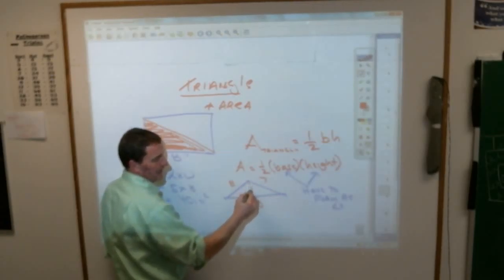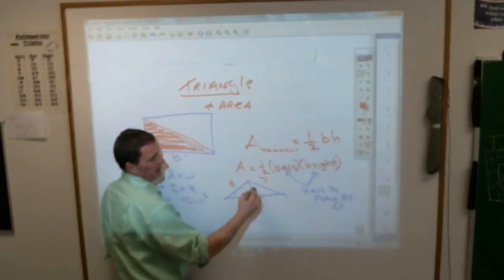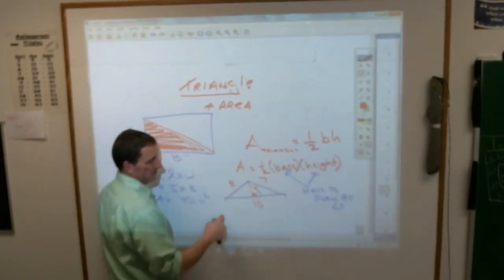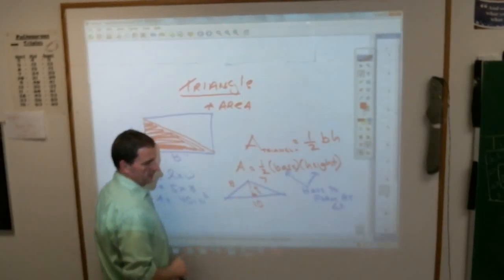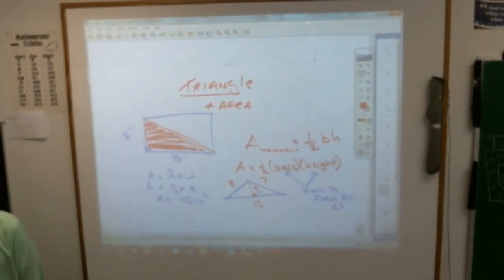They will do a dashed line. They will give you a little square corner to tell you that's a right angle, and then they'll tell you what that height is. This is the base, and this is the height. And can I tell you, children, I warn 6th graders about this all the time.